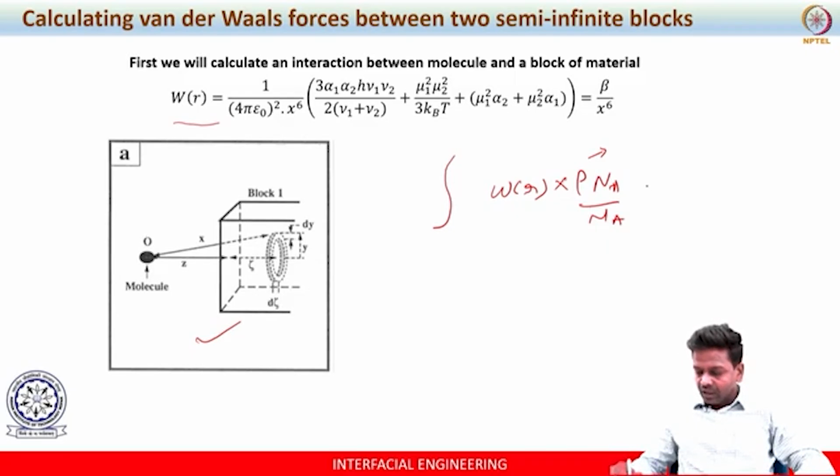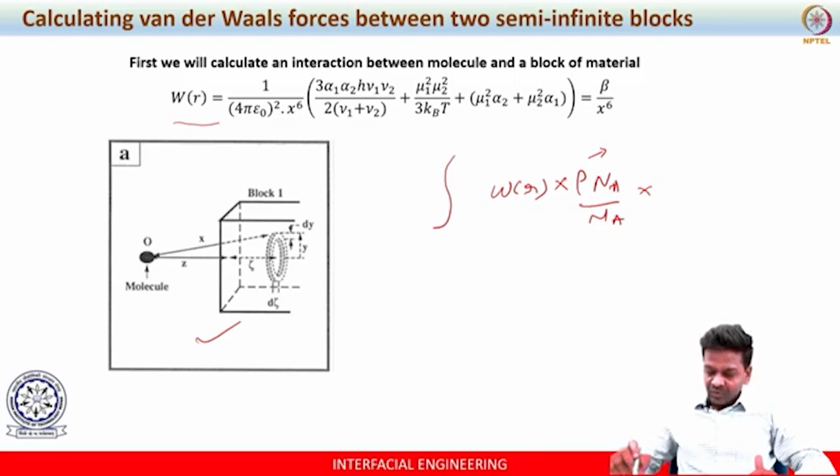And multiplied by dV, which in this schematic is between one molecule from one block and the ring shaped element in the other block. Why is this ring shaped? Because we consider that the molecule we take is spherical in shape, so the projection view of that will be a ring shaped. That's why we consider this ring shaped control volume.